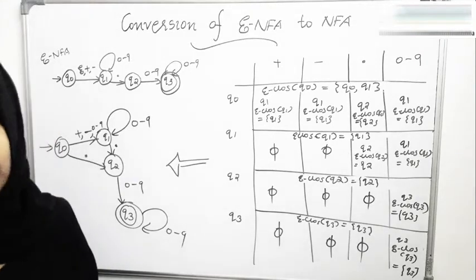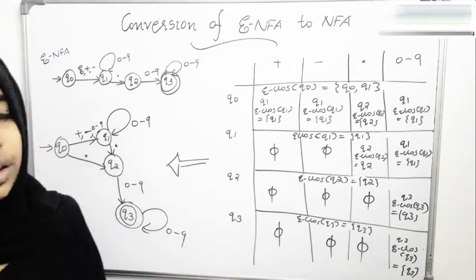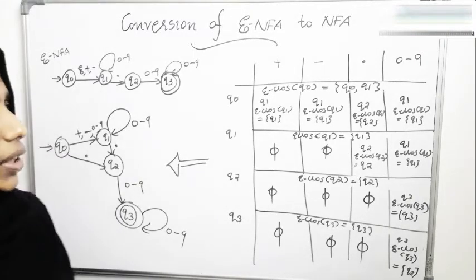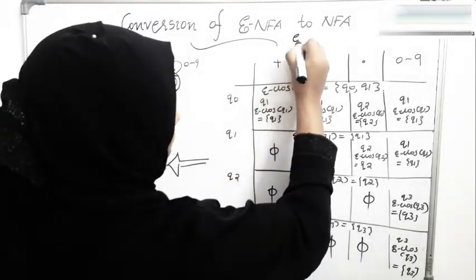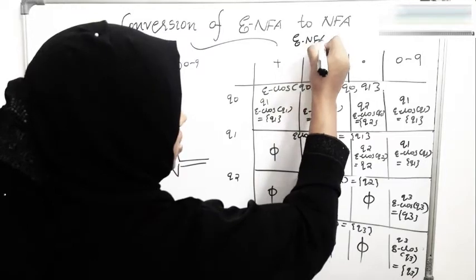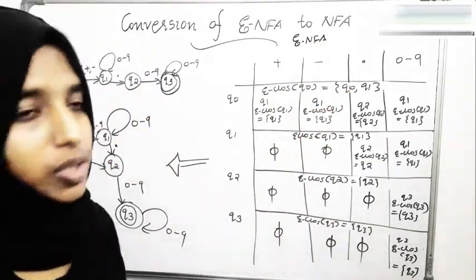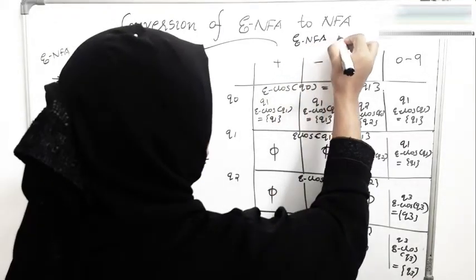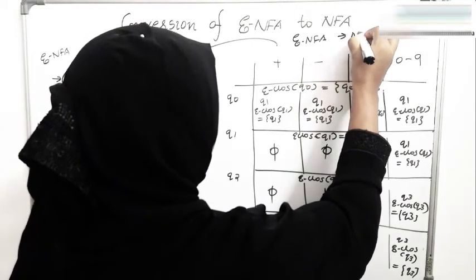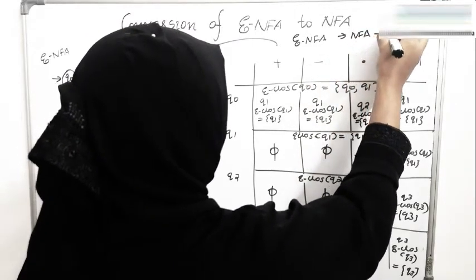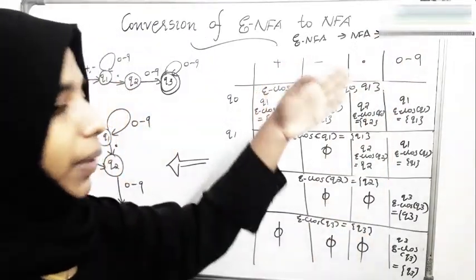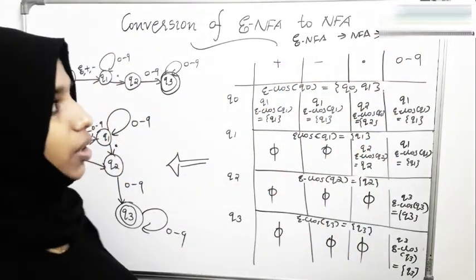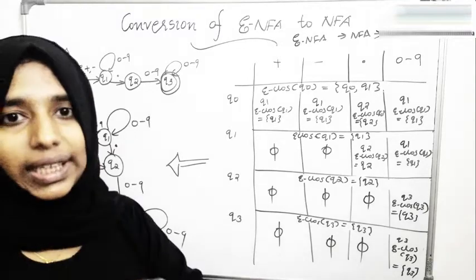Designing an epsilon NFA will be much easier compared to designing an NFA. That is, from the design perspective, epsilon NFA will be the easiest, not in all situations, it depends again. Epsilon NFA will be the easiest, then comes NFA, and then comes DFA. But again, the processing power or computational capability of all the three are exactly the same.